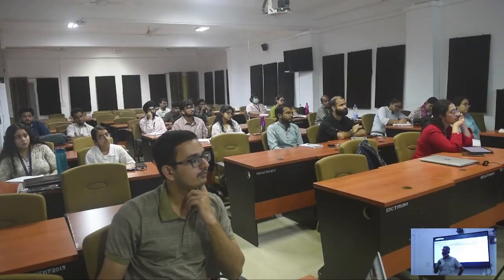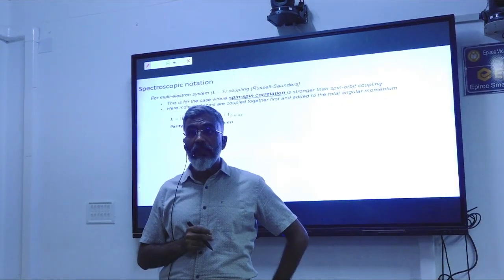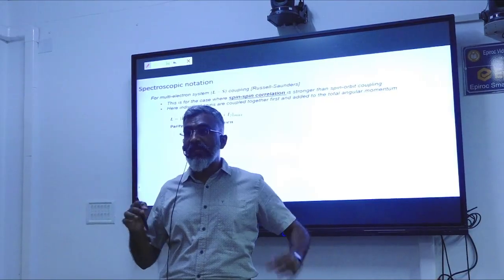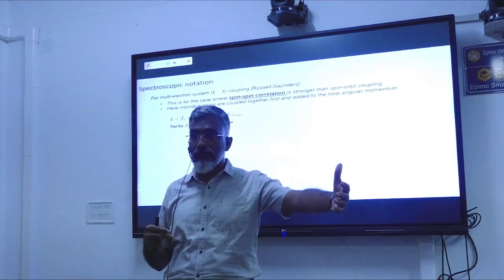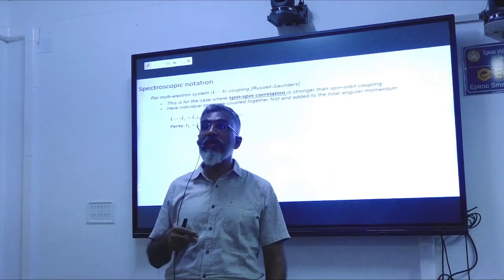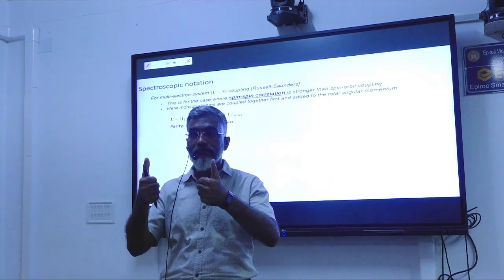Suppose you have a 3 electron system. These electrons can have different spin states. Suppose they are parallel to each other, that is a triplet state.